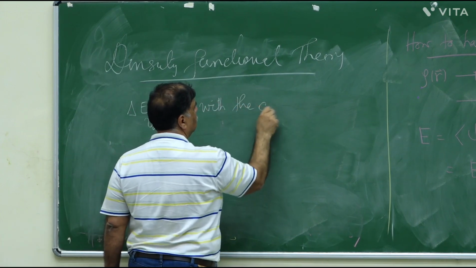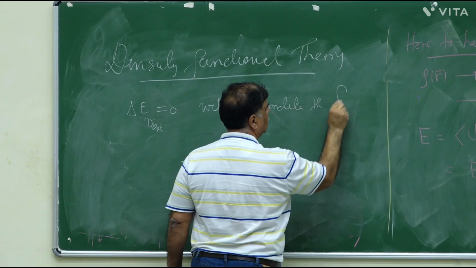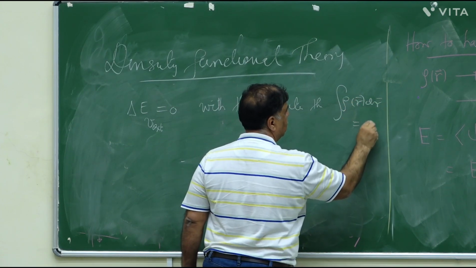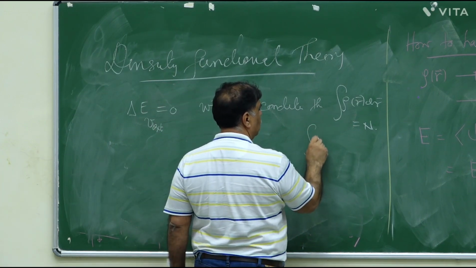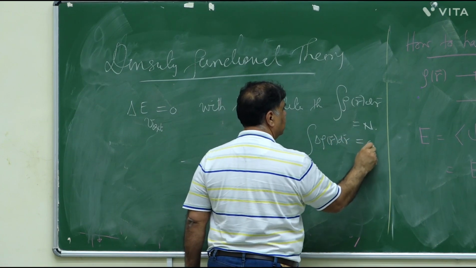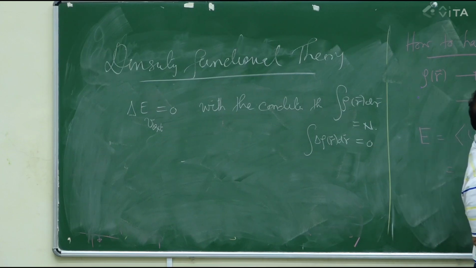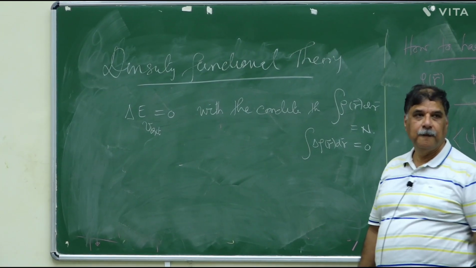With the condition that integral rho(r) dr is equal to n, it remains fixed, and therefore integral delta rho(r) dr will remain 0. That's why I made this somewhere positive, somewhere negative, somewhere positive, somewhere negative, so that the integration is 0.